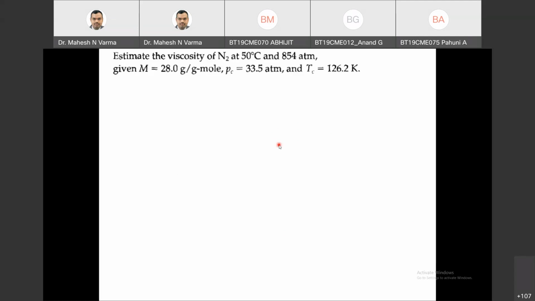The molecular mass of nitrogen is 28 gram per gram mole, the critical pressure of nitrogen is 33.5 atmosphere, and the critical temperature of nitrogen is 126.2 Kelvin. Estimate the viscosity of nitrogen at 50 degrees Celsius and 854 atmosphere.